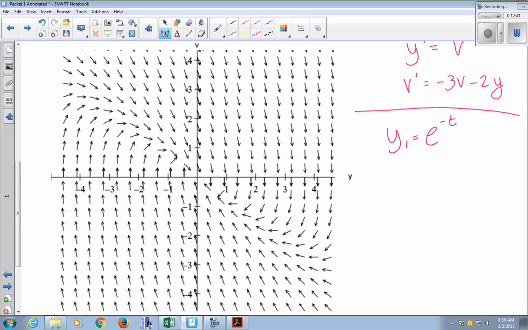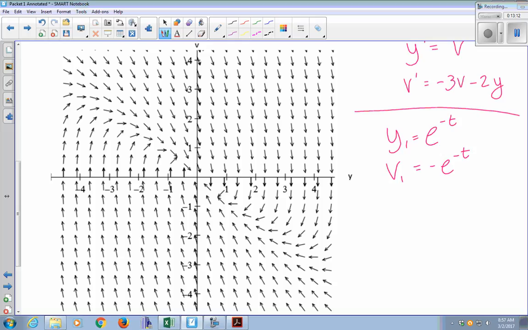I only have an equation for y right now. How could I come up with an equation for velocity? Y prime, yeah. So v1, right, that goes with y1 would be negative e to the negative t. So I'm closer, right? So now I have a formula for y and v. I need y and v because they both live in this picture.